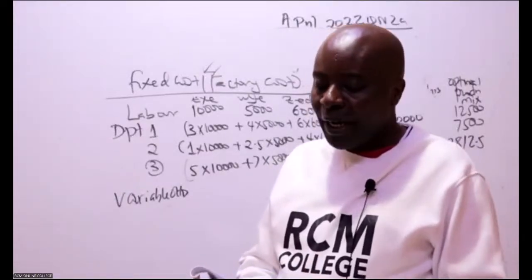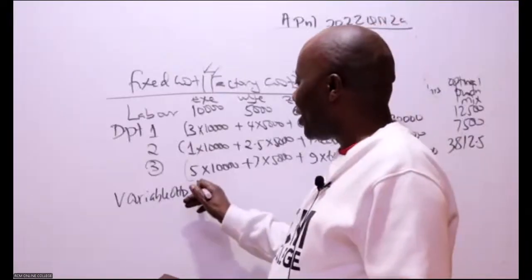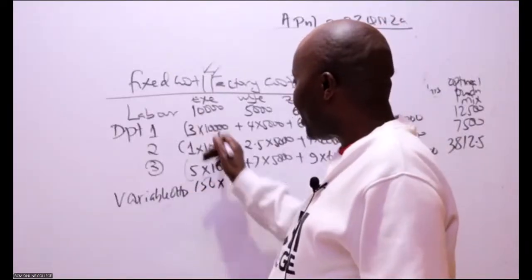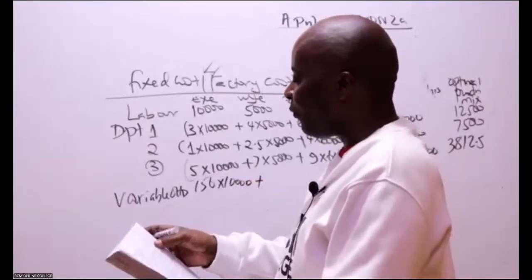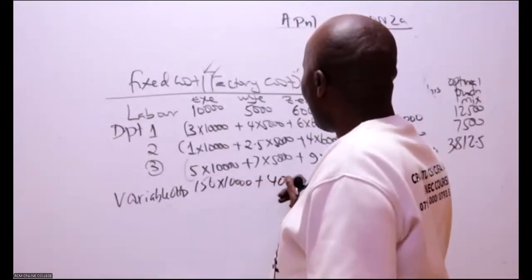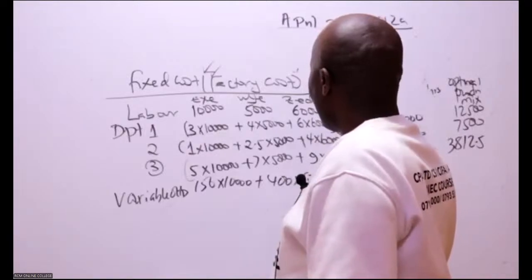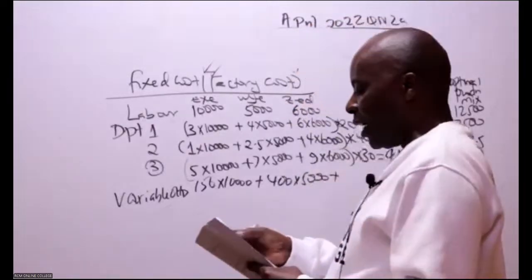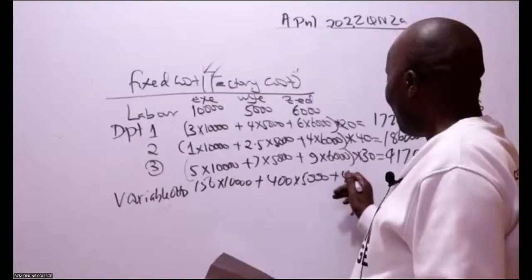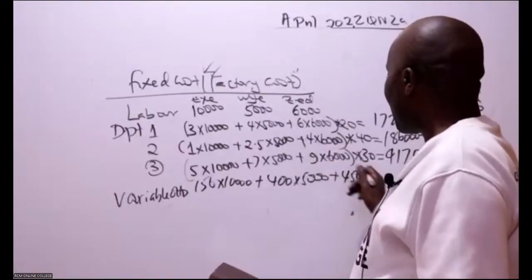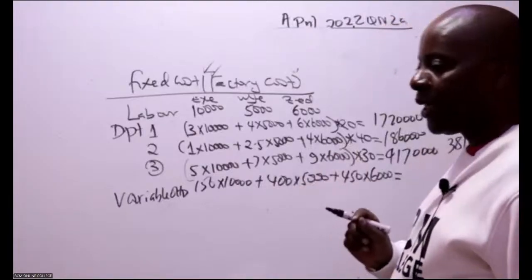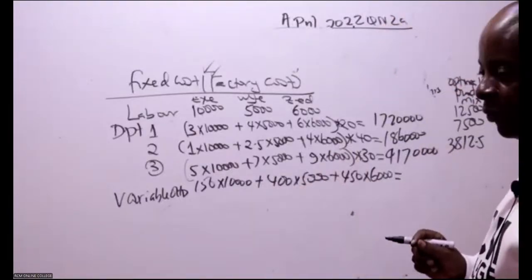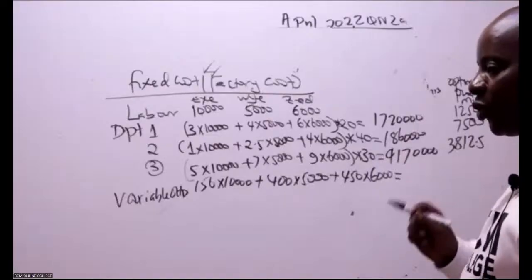The variable overheads, I can see there 150 per unit, Kenya shillings, so times 10,000 for X. Plus 400 times 5,000, plus 450 times 6,000 units, because the figures given there are for each unit.